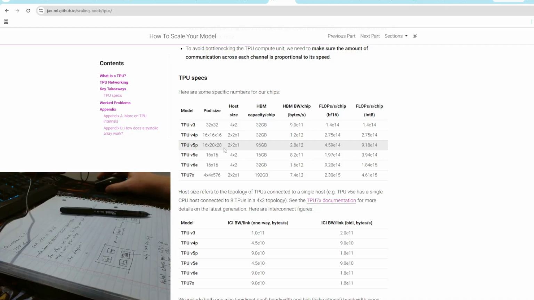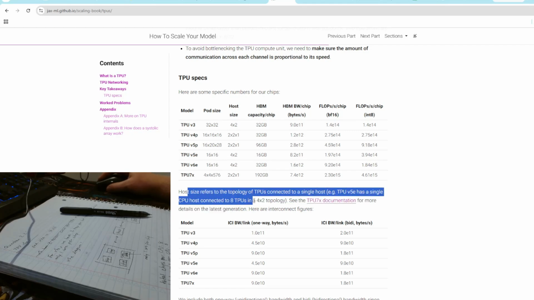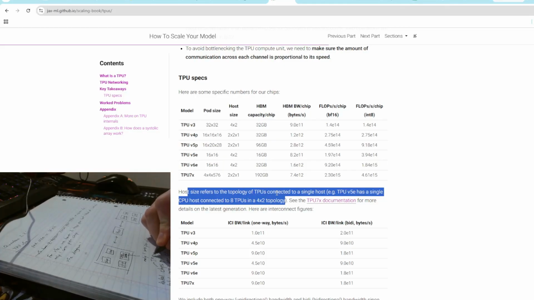Yeah, what does that 16 by 16 mean? Host size refers to the topology of TPUs connected to a single host. There's 8 TPUs in a 4x2 topology. Okay, yeah, so a single host is connected to 4 TPUs. Okay, so let's just relabel these. Let's say TPUs.